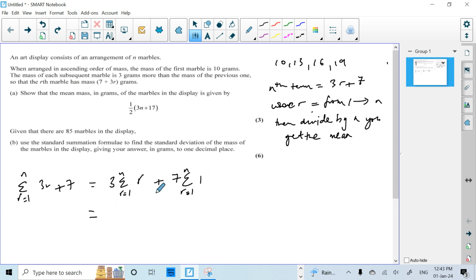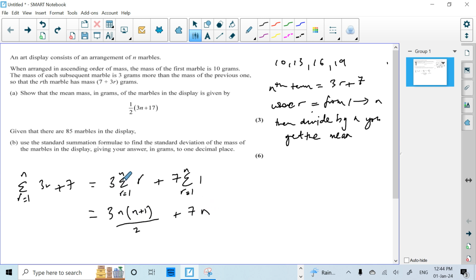Now, this gives me, well, we should know that this really relates to 3 brackets n brackets n plus 1 over 2. Yeah, that's correct. And of course plus 7n.